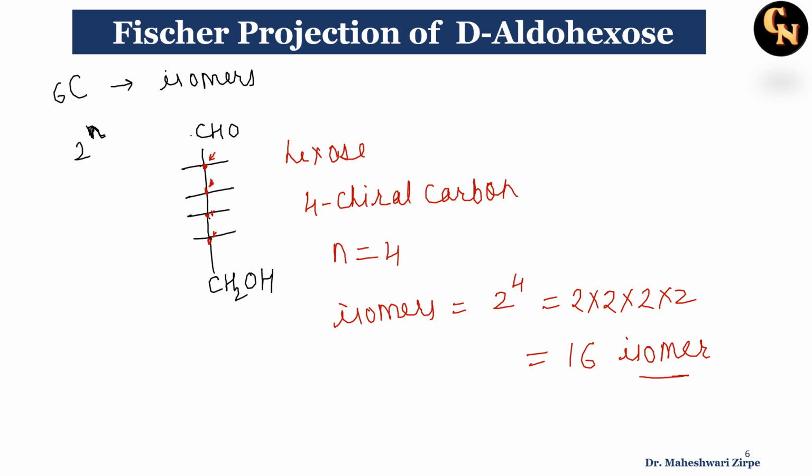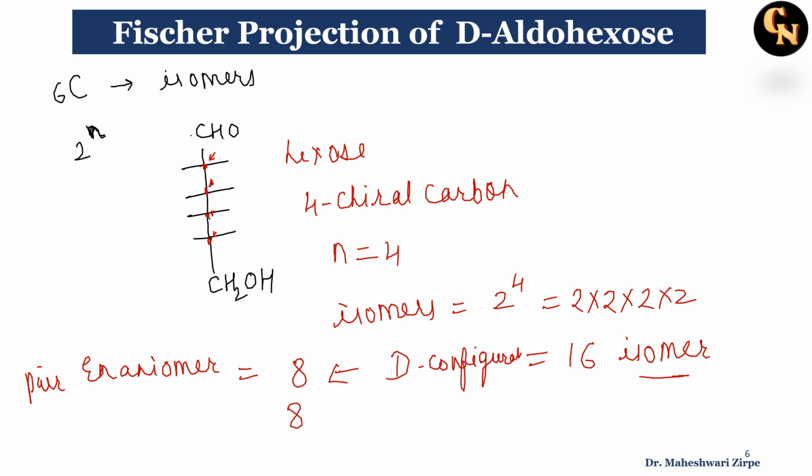So 16 structures we can draw for aldohexose, out of which, if you talk in terms of enantiomers, how many pairs of enantiomers can we have? Obviously half, that is 8 pairs of enantiomers we will be having. That means 8 D configuration and 8 L configuration. Okay, I think now this is clear to everyone how to find out the enantiomers.